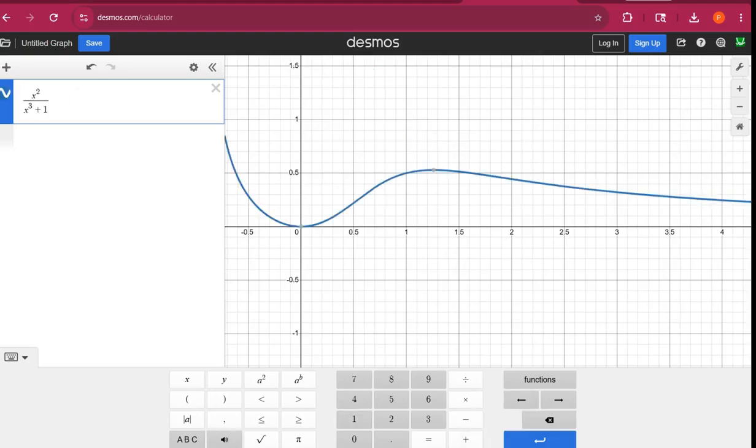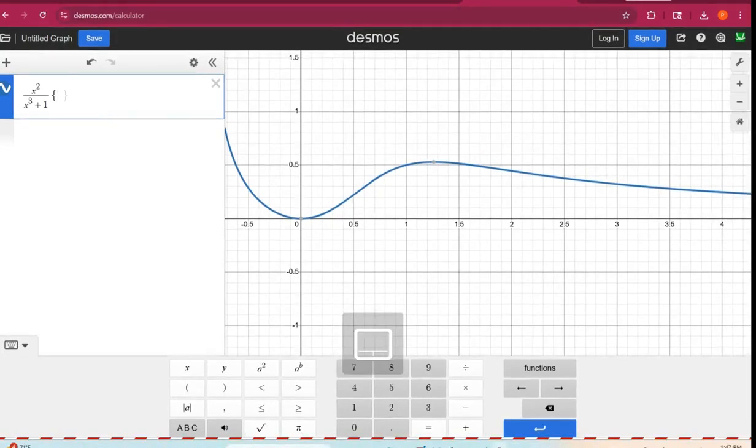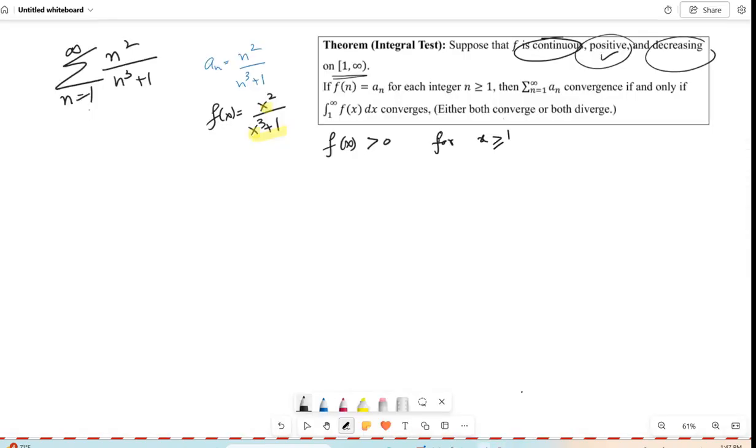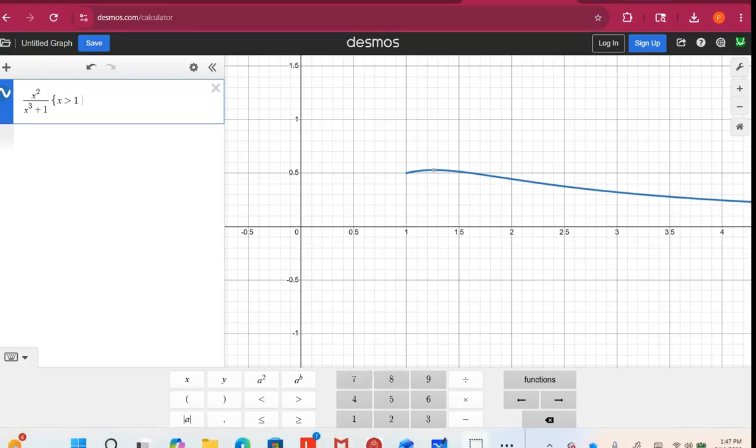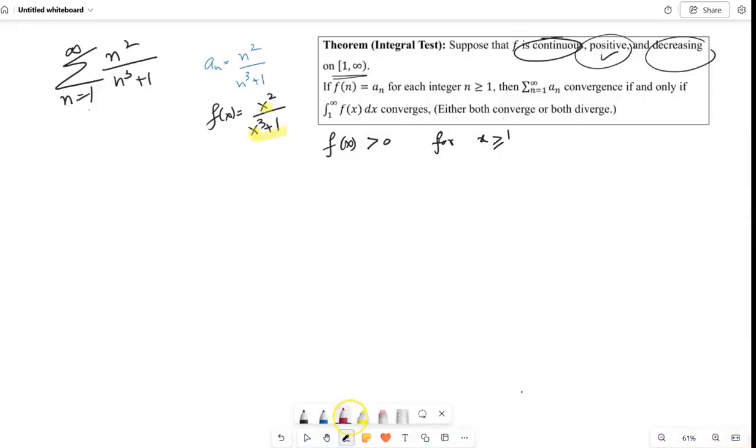This is the function, and we are only worried about from 1 onwards. You guys notice after 1 the function is a decreasing function. It is continuous, not breaking anywhere. Coming back, we can say f is continuous also. Looking at the graph, continuity is checked, and positive is checked. For decreasing, the graph is good enough.